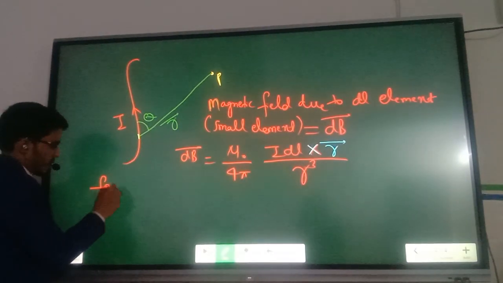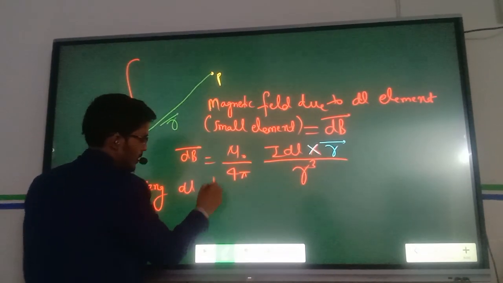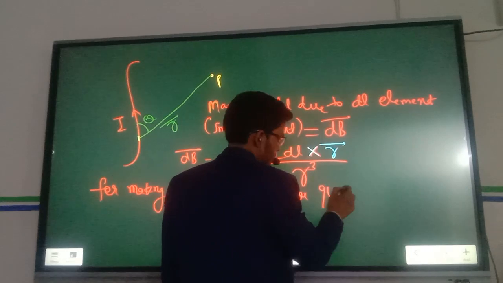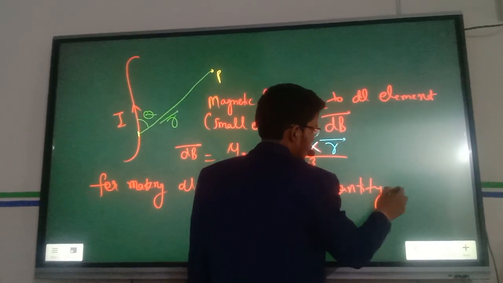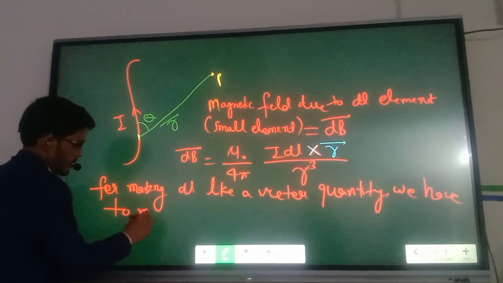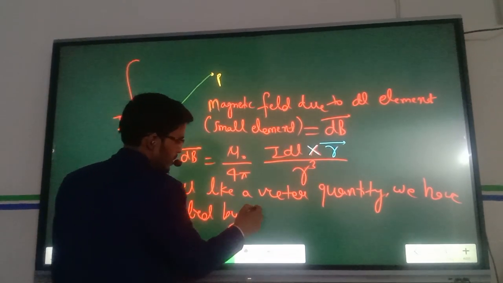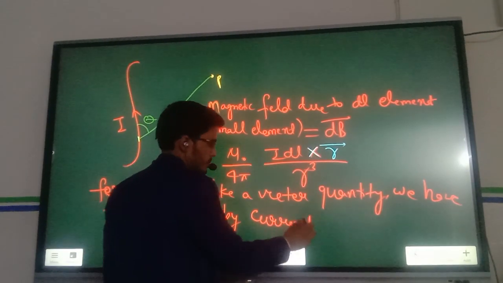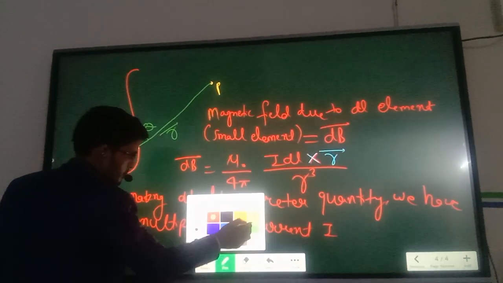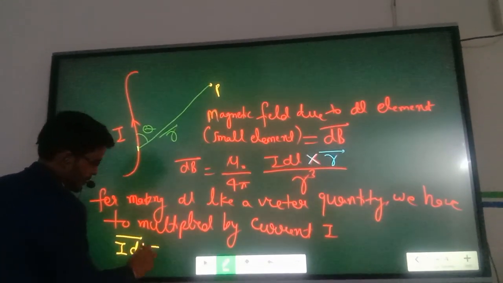So for making dl like a vector quantity, we have to multiply by current I. Okay. So I into dl is a vector quantity.